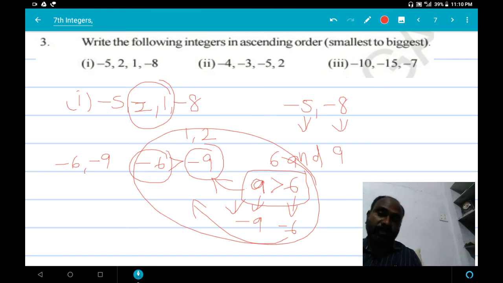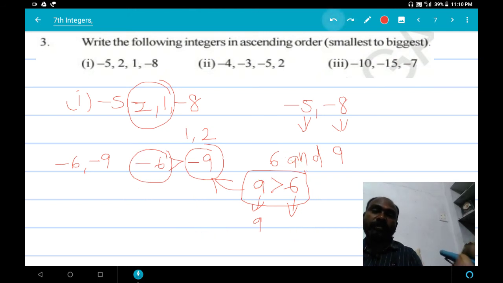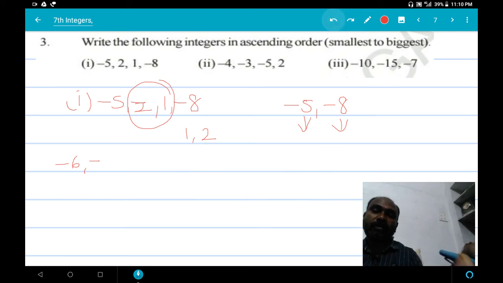Okay, now from this set, which is bigger, which is smaller.